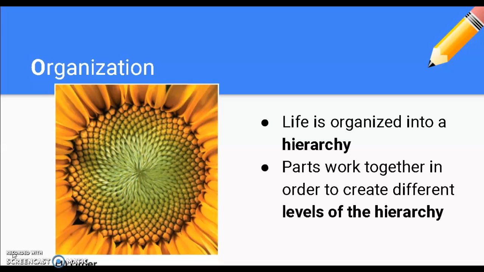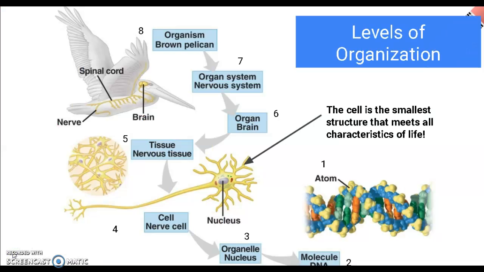Next is order or organization. Life is organized into a hierarchy, different levels of organization, and different parts work together in order to create different levels of the hierarchy. And so these are the different levels that I was talking about in the previous slide.